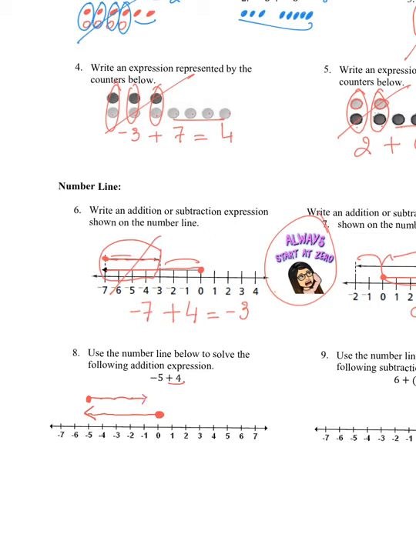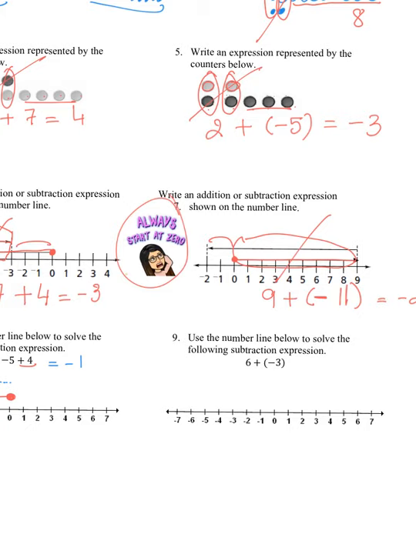So we end right here. This matching is your zero pairs. And this is negative 1. From here to there is negative 1.